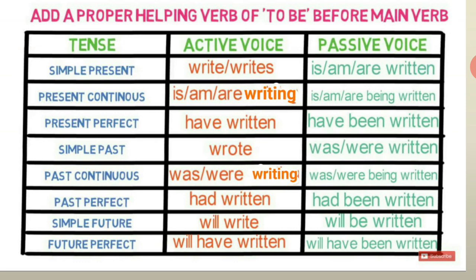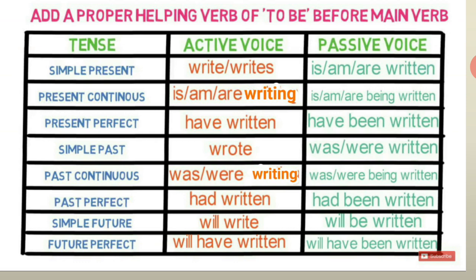So here we are taking an example of write. Now see the table of the tenses. In the very first tense, simple present tense, in active voice, we use the verb write and writes. And in passive voice, we use the helping verb is, am, are, and the third form of the verb write, which is written.